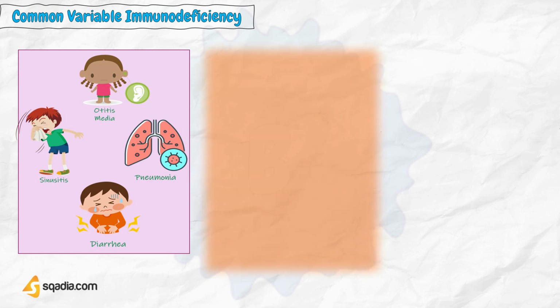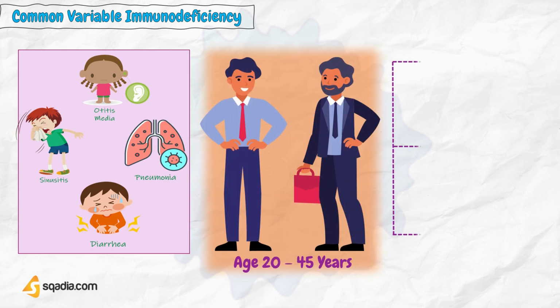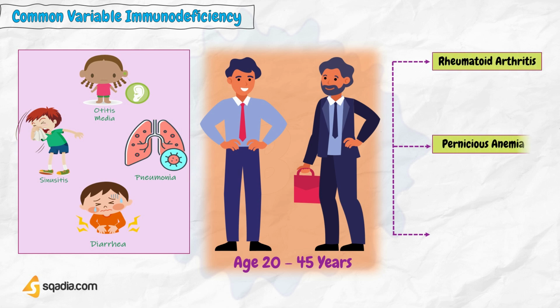However, the onset is usually later on, between the ages of 20 and 45 years of age. However, there is an increase in frequency of other diseases, such as rheumatoid arthritis, pernicious anemia, and lymphoma.